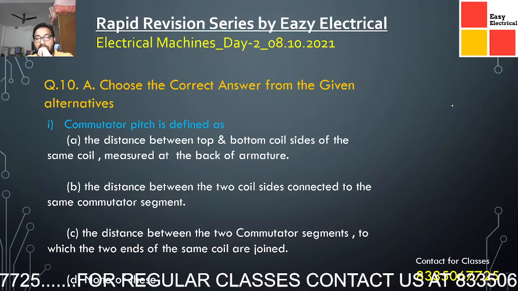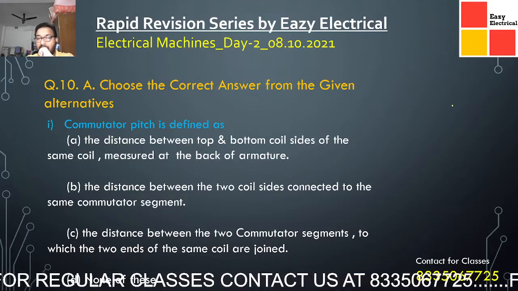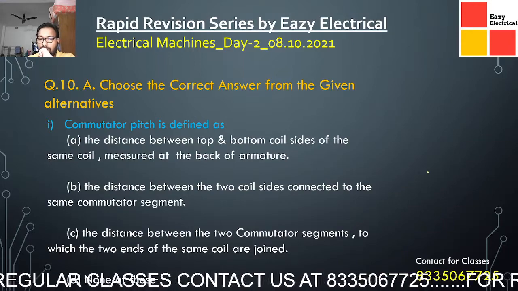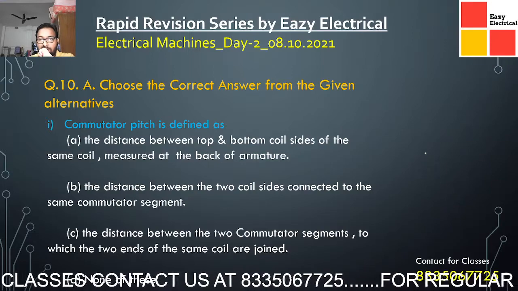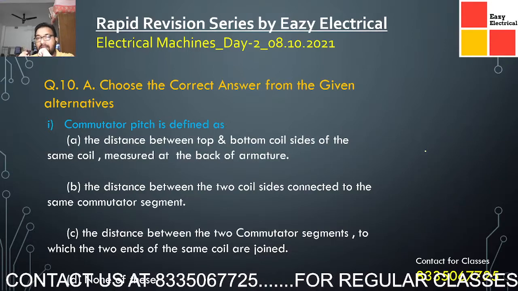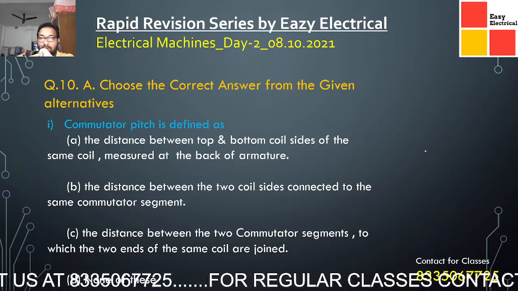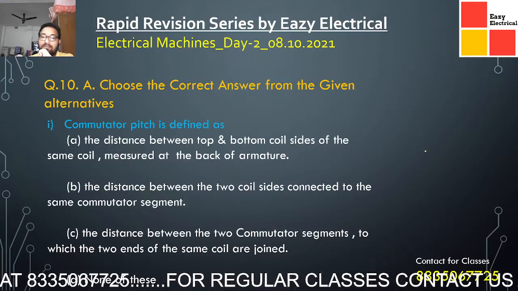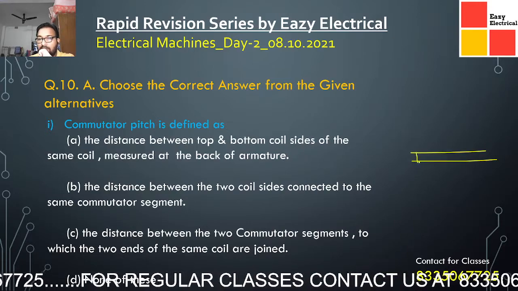Commutator pitch is defined as, suppose there are two commutator segments, and the two commutator segments are joined by the two ends of the same coil. In that case it is called the commutator pitch. Suppose this is the commutator, I have just written down the commutator segments.